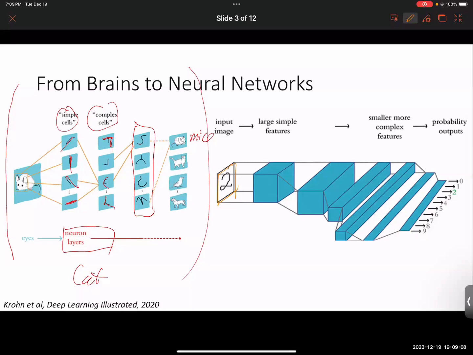In mathematics, some of you may know, this is basically linear algebra, matrices or vectors. We convert that image into vectors or matrices.